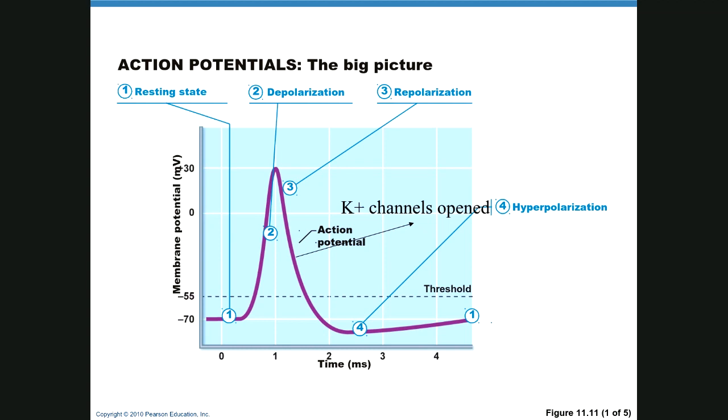So this is the peak right here, plus 30 millivolts, when potassium channels open and the cell loses potassium, becoming more and more negative until it hits minus 90 millivolts.